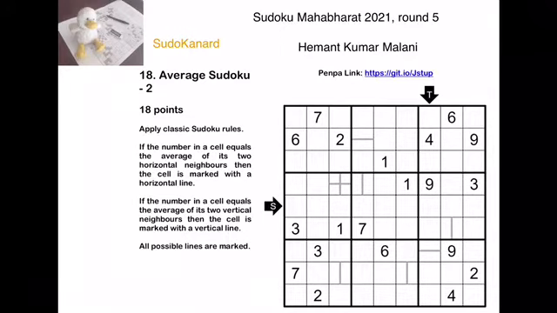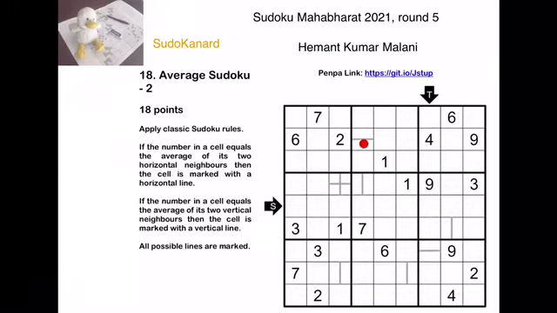But first, I'll explain the principle. The rule is that whenever you have a line like this, a segment, it means that the corresponding digit is the mean value of the two surrounding digits in the direction of that segment.